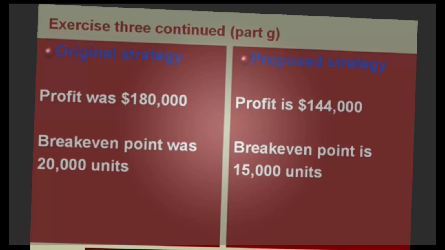But under the previous scenario, the break-even point was 20,000 units. Now it's gone down, it's 15,000 units. So you could make a case that it's a good strategy because the break-even point has declined. So if you're the boss, would you adopt this strategy or not? Yes or no? Take a few minutes and think about it.